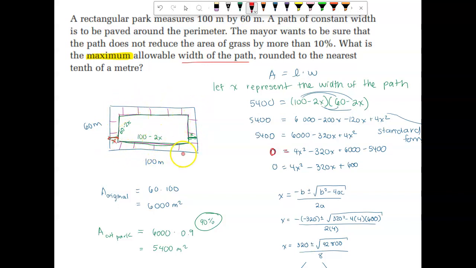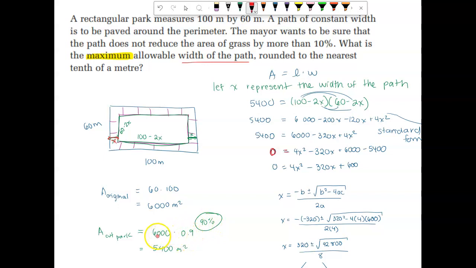So now if I think about that, the question said that I can't have the area of the grass be reduced to more than 10%. Well, the original area of the rectangle park is 6,000, 60 times 100. So therefore, if I can't have any more than 10%, that means I'm only doing 90%, which you have to multiply by doing 0.9.